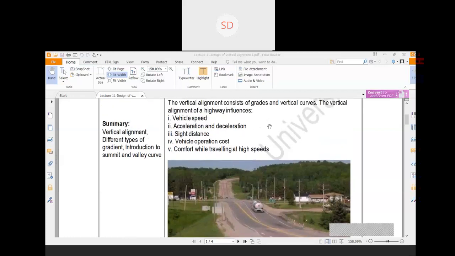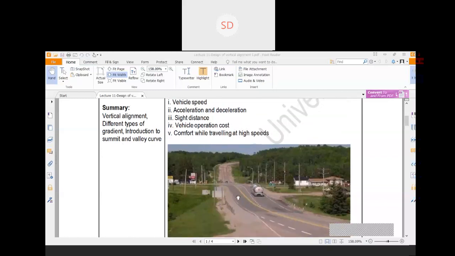Now, the vertical alignment of a highway influences different factors. What are these factors? First is vehicle speed, acceleration and deceleration, sight distance, vehicle operation cost, and comfort while traveling at high speed. How are these influenced? See this picture. Whenever there is an uphill, the vehicle speed will be reduced, and the acceleration would also be reduced.